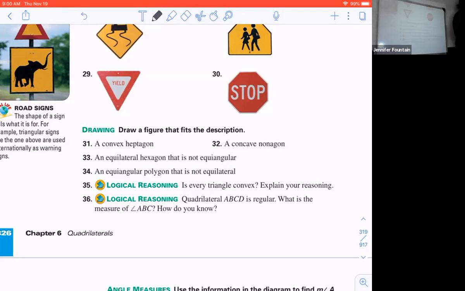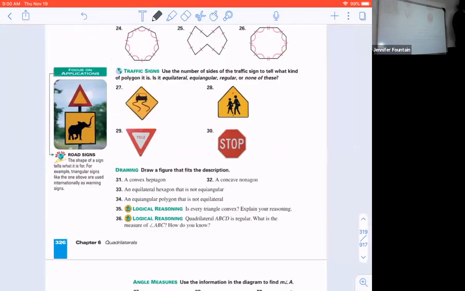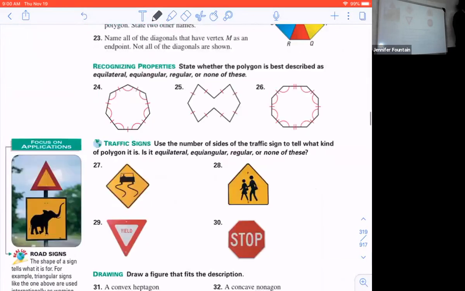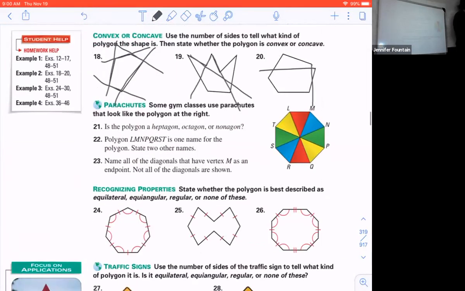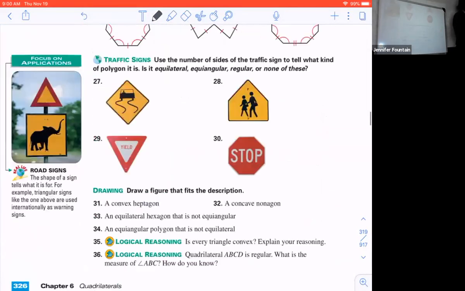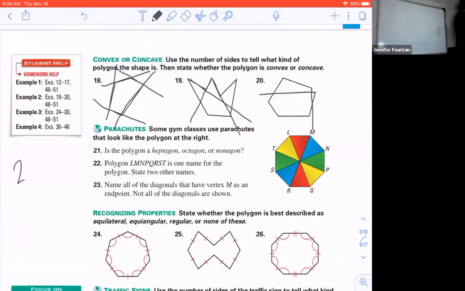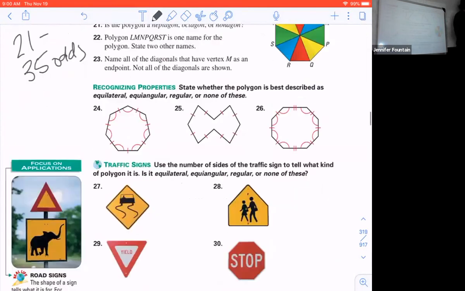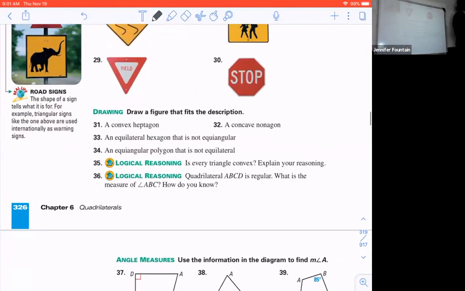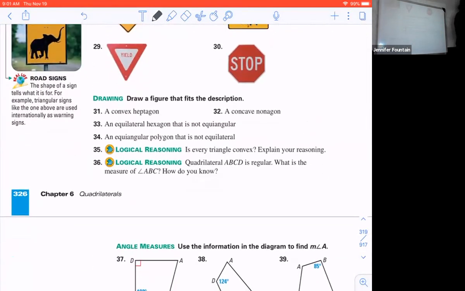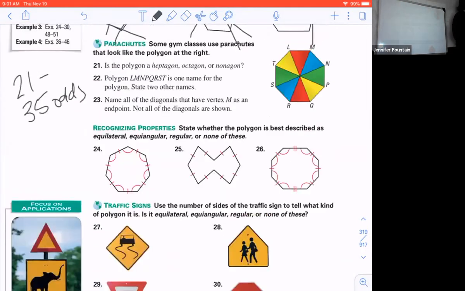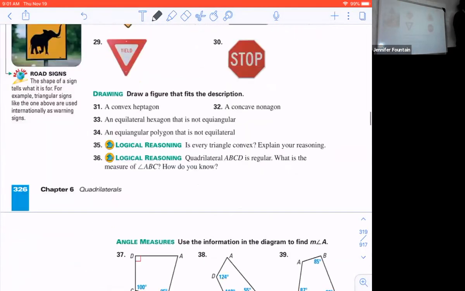All right. So let's do numbers 21 through 35 odds. And this is on page 326. 326, 21 through 35 odds.